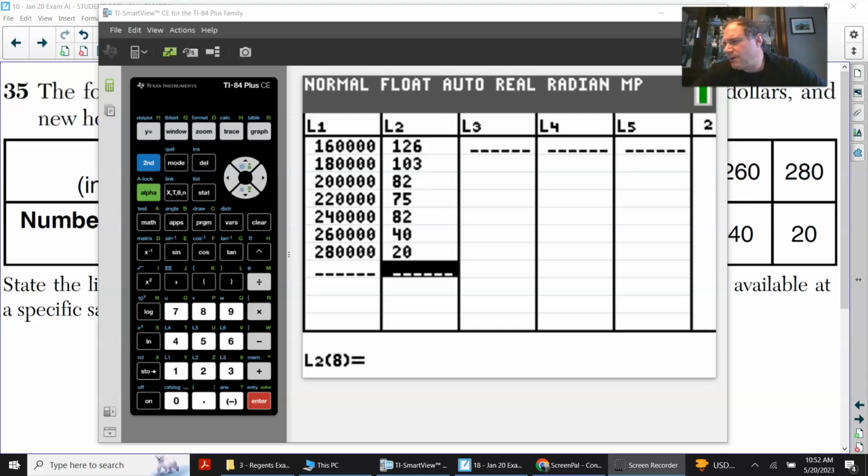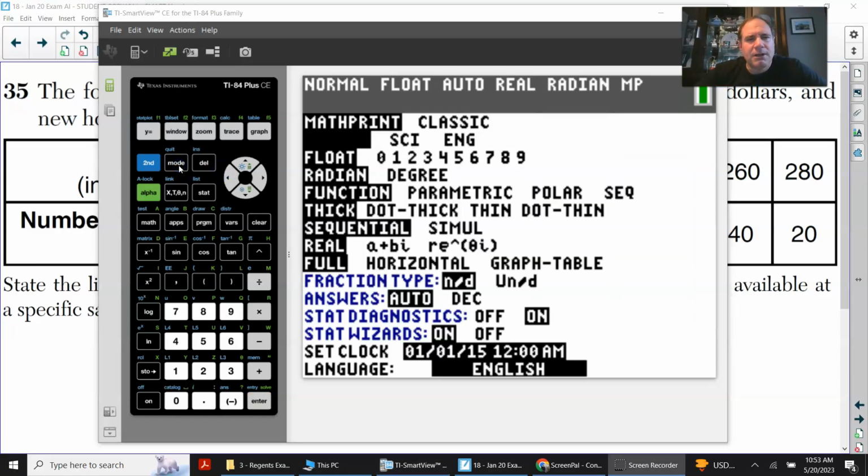So the first question says state the linear regression function that estimates the number of new homes available, and then the correlation coefficient is next. So just make sure that when you press mode, and this is very important, because they usually ask you to reset the calculator.